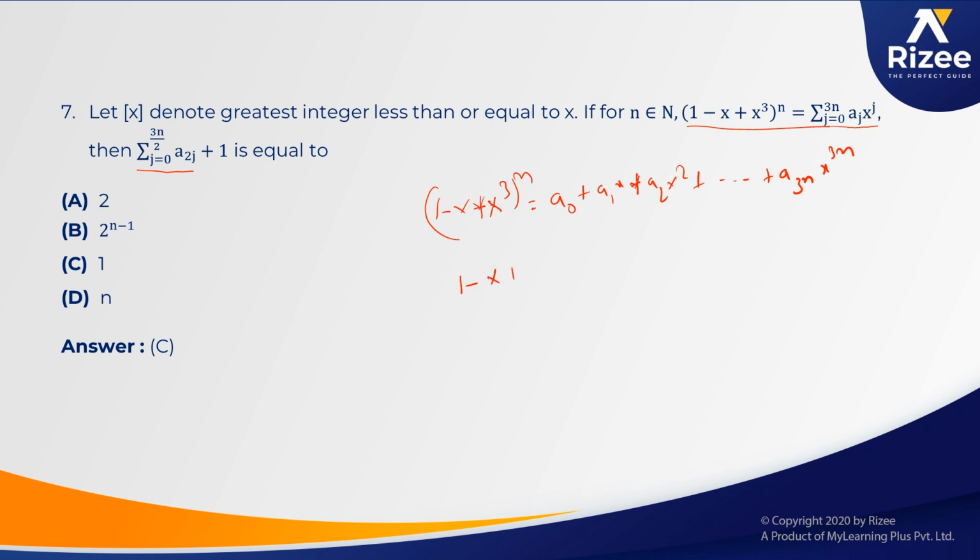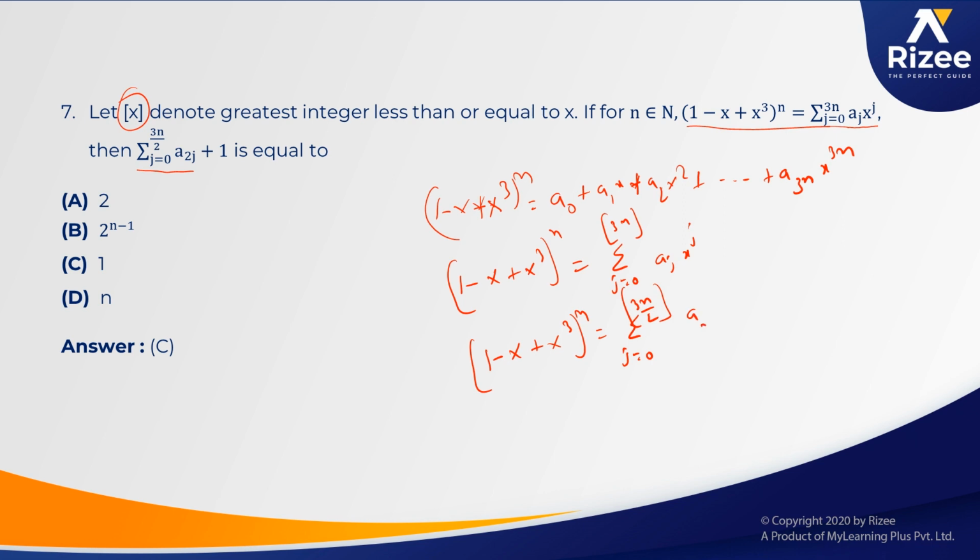1 minus x plus x cube whole power n is equals to summation j is equals to 0 to 3n, a j x power j. The next expansion, 1 minus x plus x cube whole power n, which is equals to the summation j is equals to 0 to 3n by 2, a 2j plus 1.